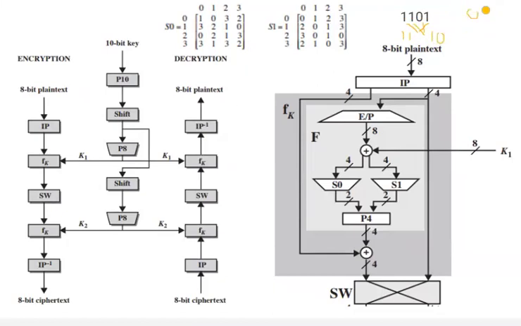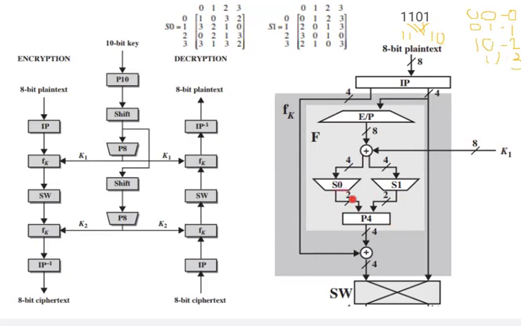This you are aware of. 00 is 0, 01 is 1, 10 is 2, and 11 is 3, right? This you know. So you have to go and see. 11 is 3, right? 3 and 2. In which substitution box you have to see?